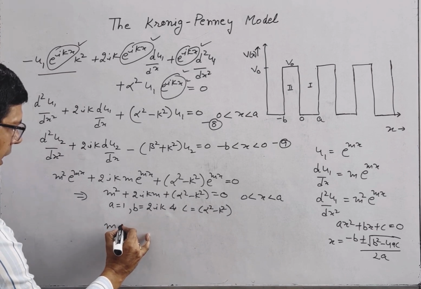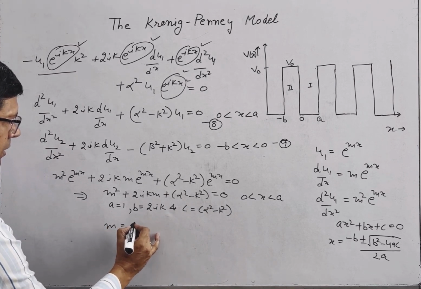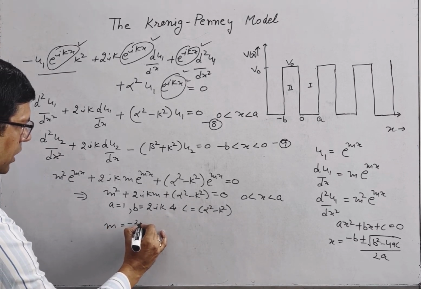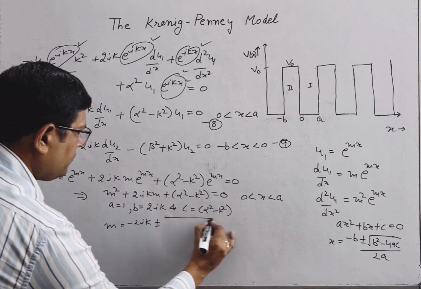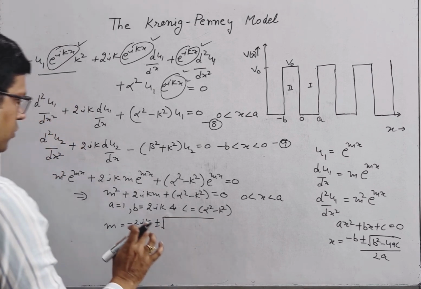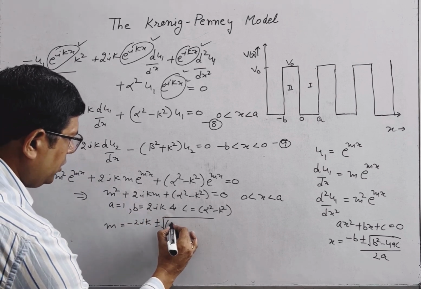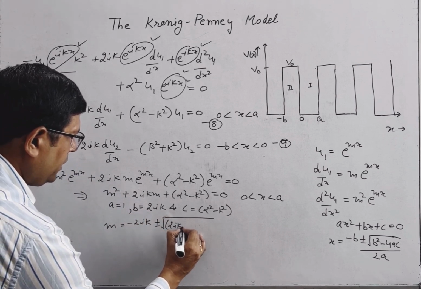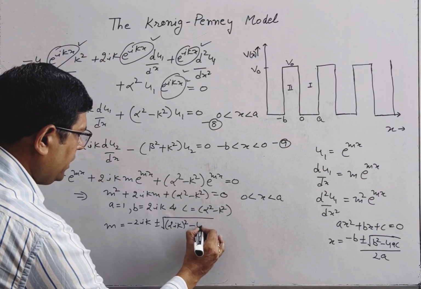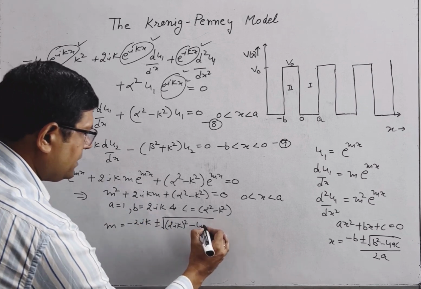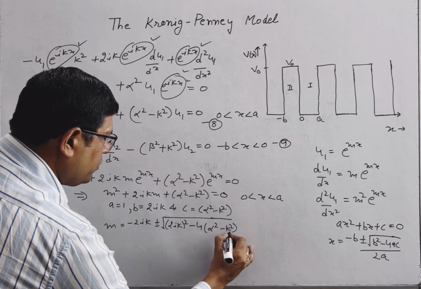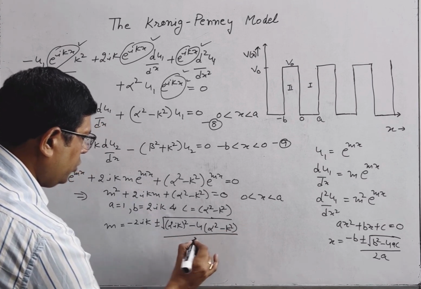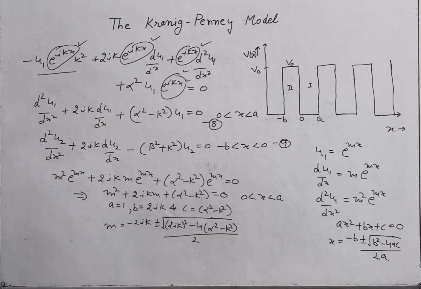So we have m equal to minus 2 iota k plus minus under root of b square, which is 2 iota k square, minus 4, a is 1 and c is alpha square minus k square, upon 2a, a is 1, so this is 2.